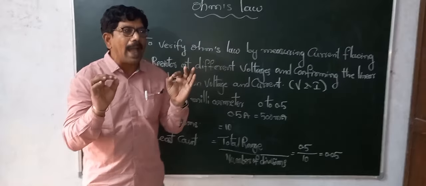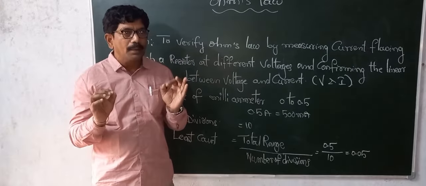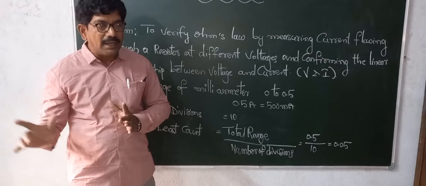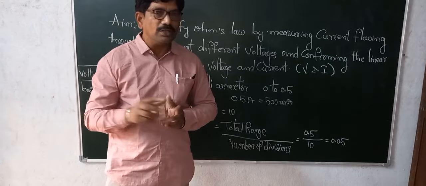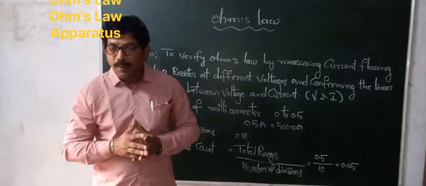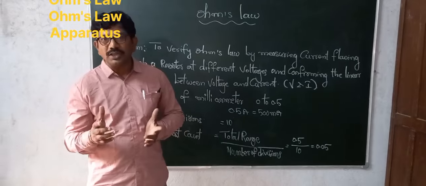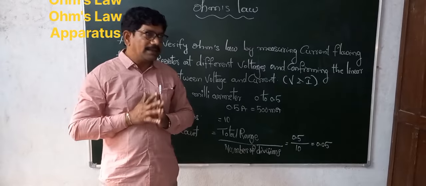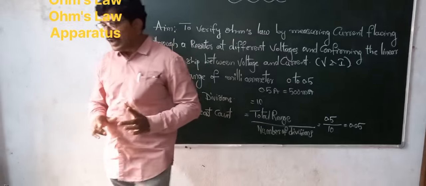In the same manner, let us calculate the least count of the voltmeter provided in the apparatus. See, a voltmeter is provided and a milliammeter is provided. Rheostat is provided.